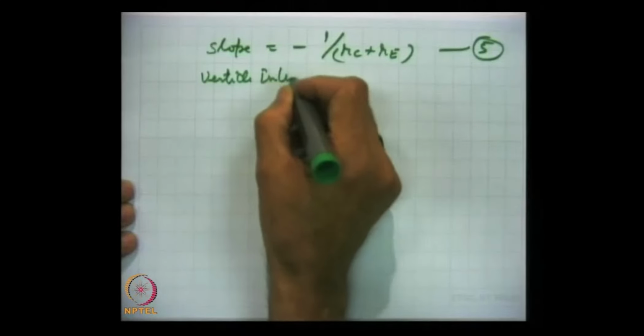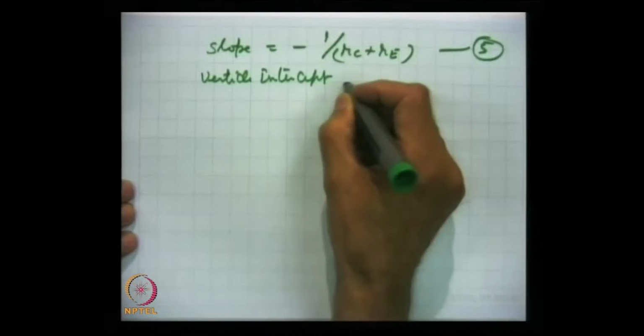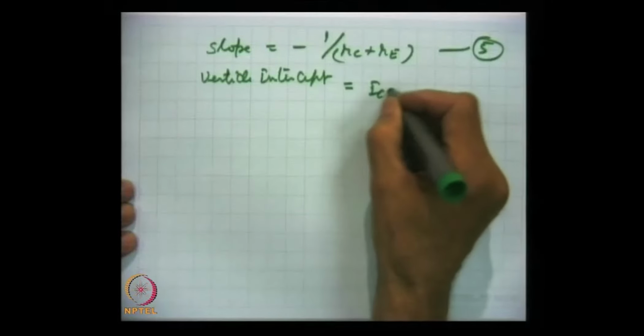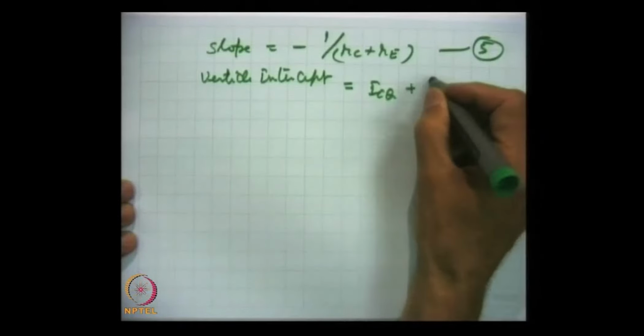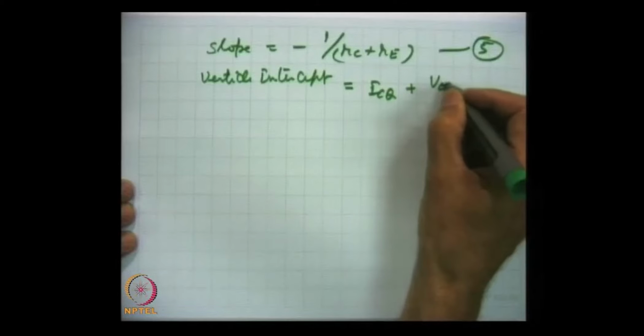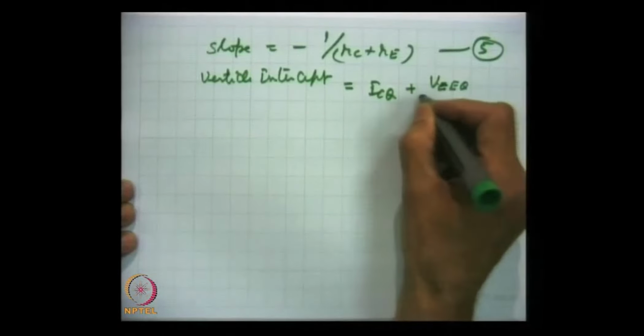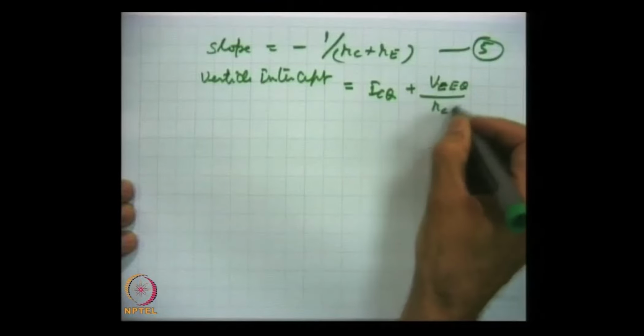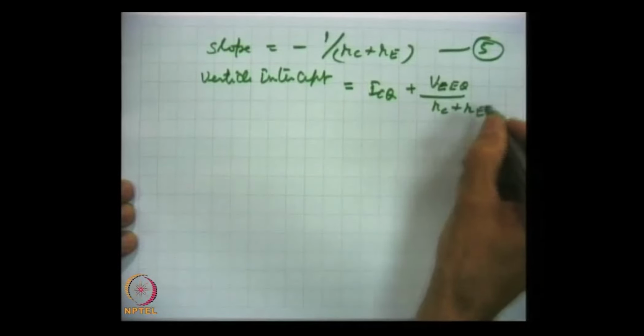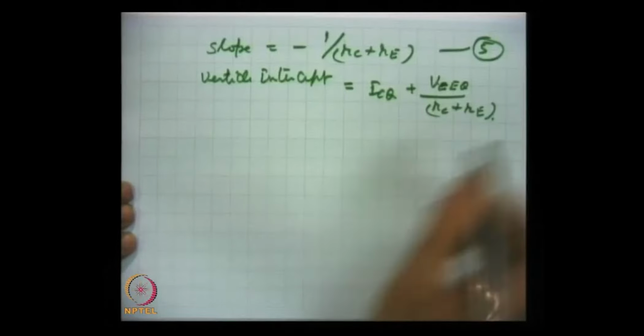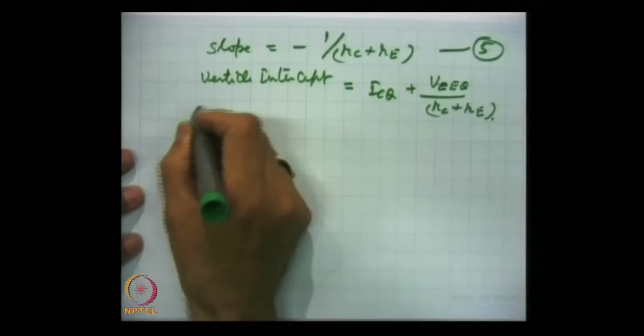the vertical intercept is equal to ICQ plus VCEQ by RC plus RE. We plot this.